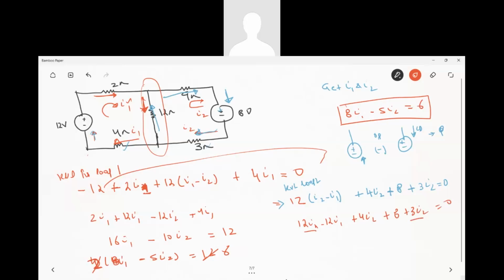So 12 I2 plus 3 I2 is 15 I2, plus 4 I2, so 19 I2 minus 12 I1 is equal to minus 8. If I write this as 12 I1 minus 19 I2 is equal to minus 8.